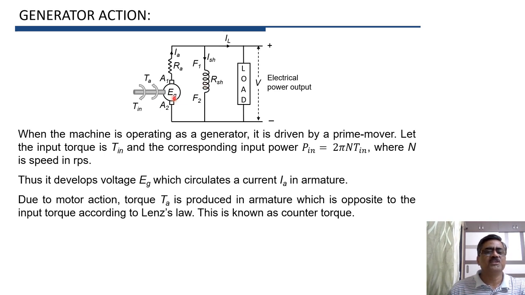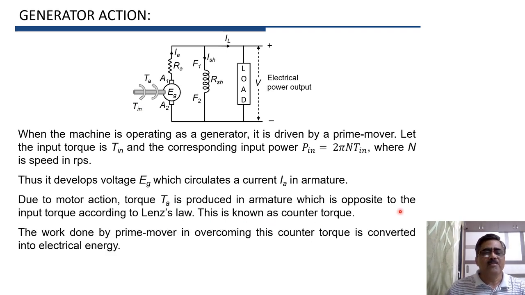So it will experience a mechanical force, and because of the force on armature conductors, torque is developed. This is the torque developed in armature TA, and according to Lenz's law, this TA is opposite to that of T in, and that's why it is also known as counter torque.